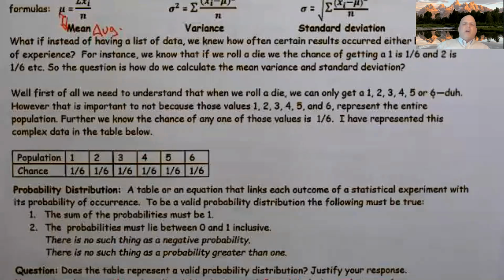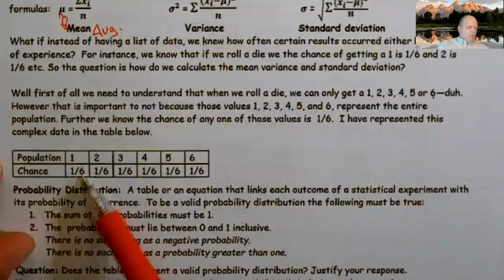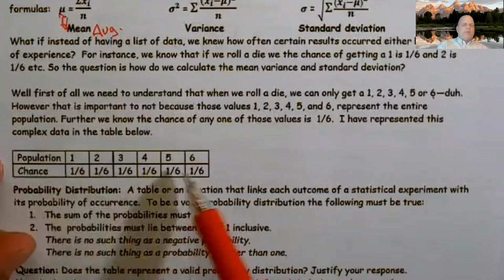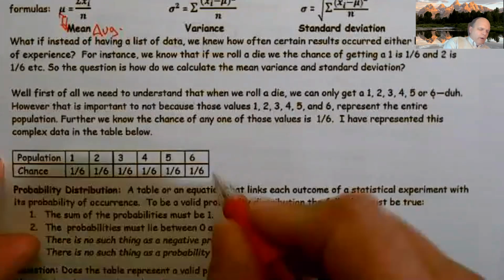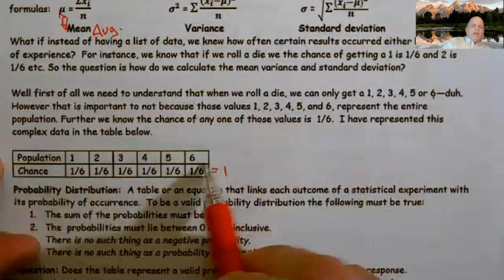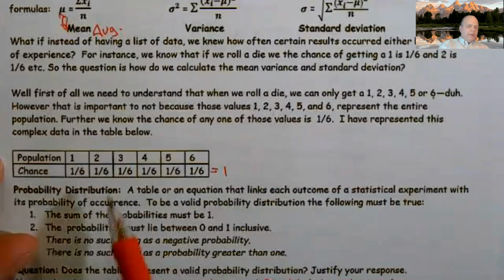Now, real quickly, we have a couple things to talk about probability. And yes, we are going to discuss probability briefly. This is not the probability section of the class. But to be a valid probability distribution, the sum of all probabilities must be 1, which in this case they are. 1/6 plus 1/6 plus 1/6 plus 1/6 plus 1/6 plus 1/6 does equal 1. We don't care about the x values. We just care about the probabilities.